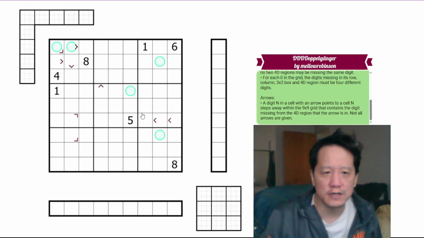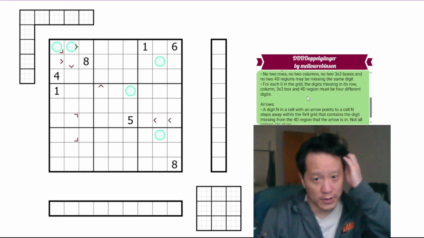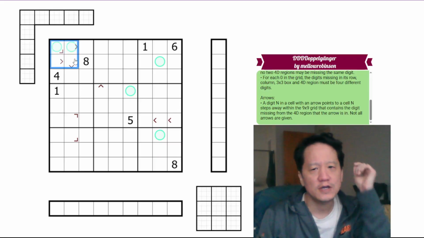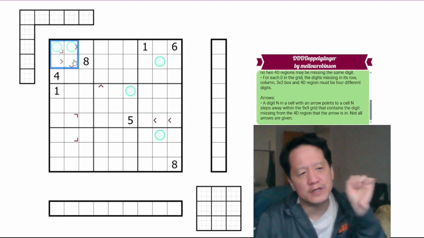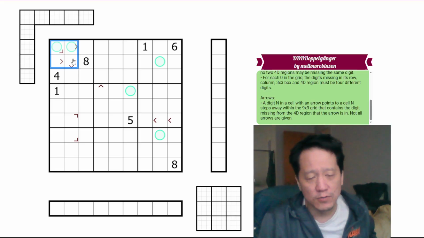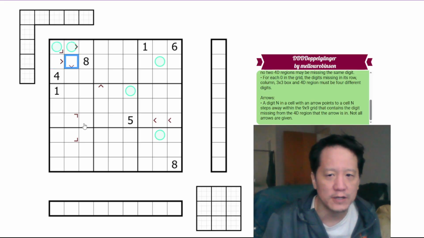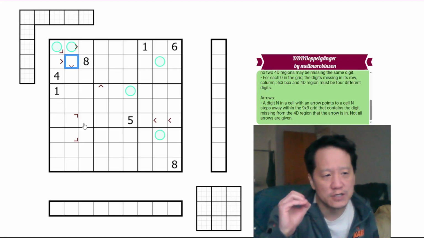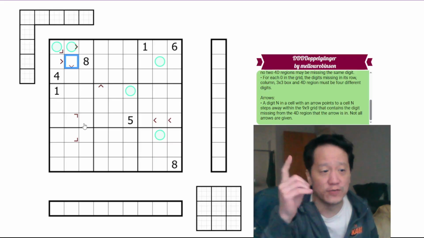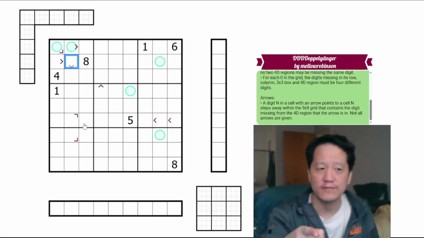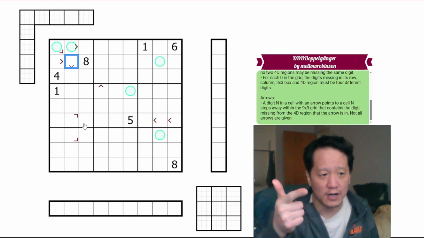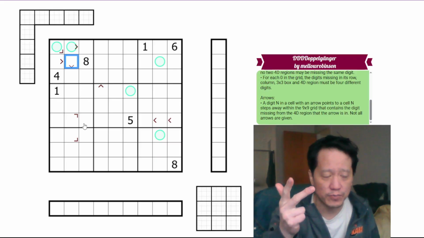Let's go. Okay, so I think the interesting part of this: can arrows be 0? And the answer, I believe, is no. If it's 0 steps away, it's going to be its own 0. First of all, 0 can never be missing from any region, row, column or 4D region.